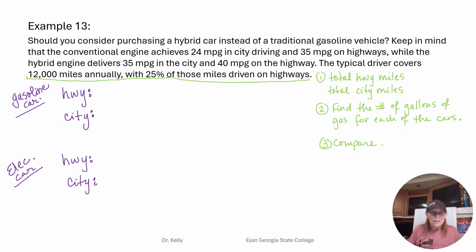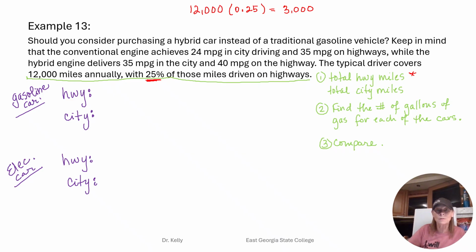So, coming back here, we got to figure out the total highway and total city miles, and I'm going to do that up here, right? It said we've got 12,000 miles used, and a quarter, 25%, are driven on the highway. So we can do it like this. And that gives us 3,000 miles when you do that.